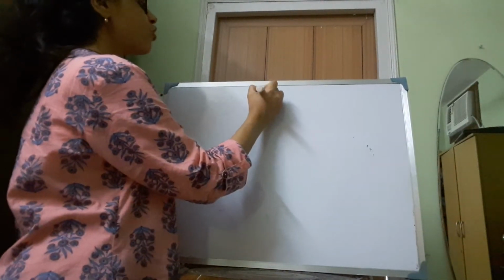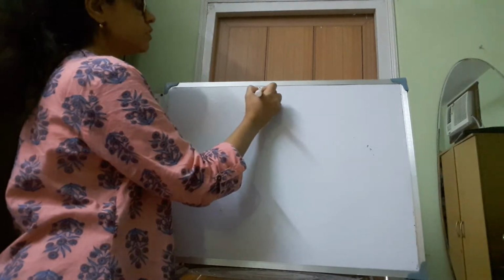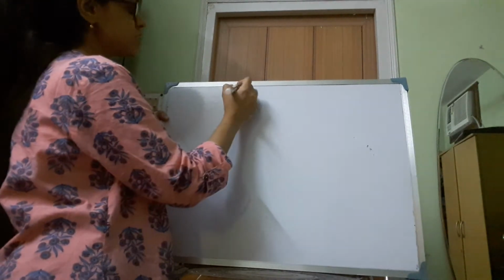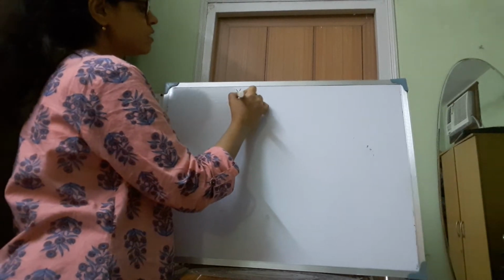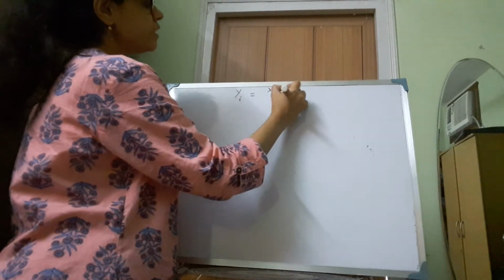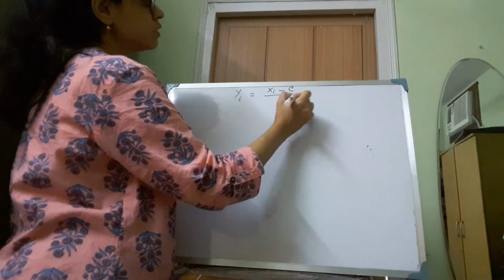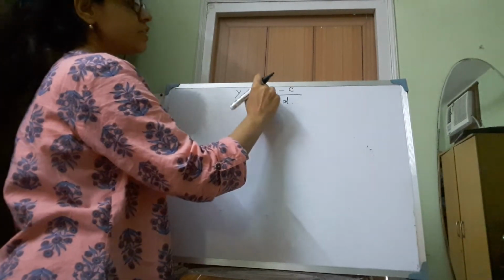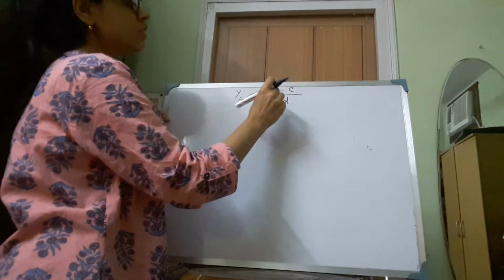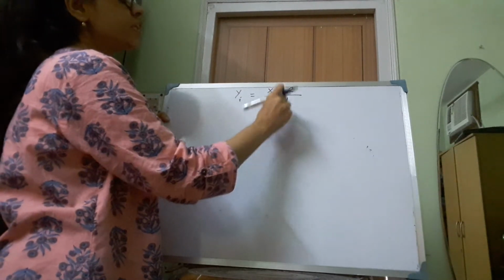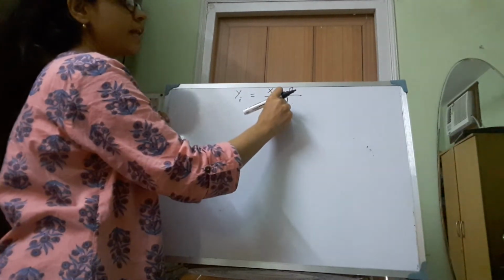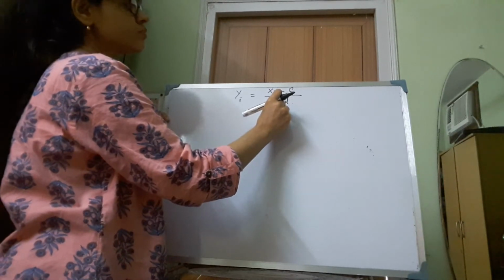So xi is our original variable, x is our variable, and we are transforming xi by changing its origin and its scale. So yi is equal to xi minus c divided by d. So xi minus c is the change in origin, and division by d is the change in scale. So we are considering both the change in origin and change in scale at a time.